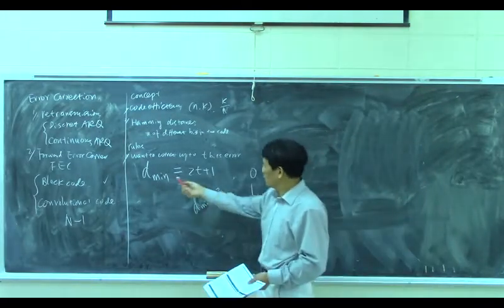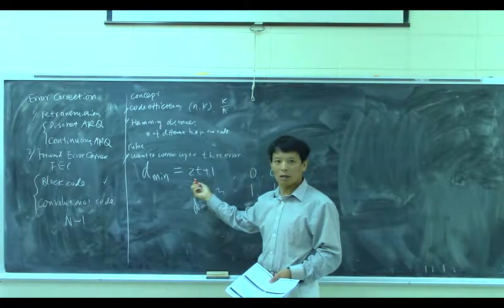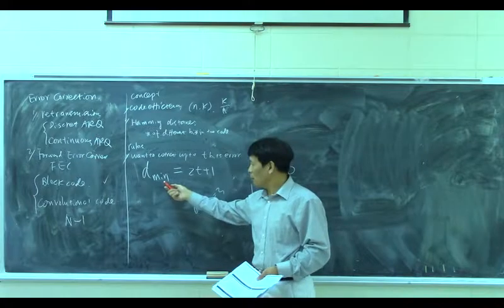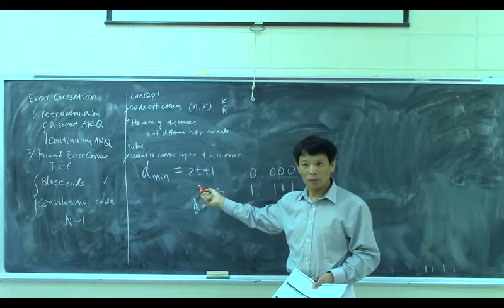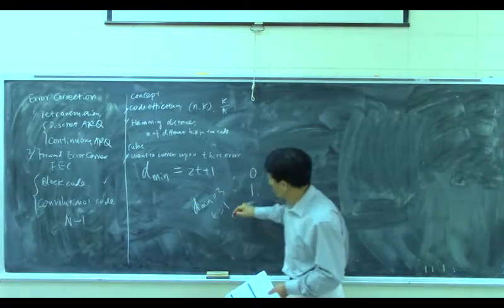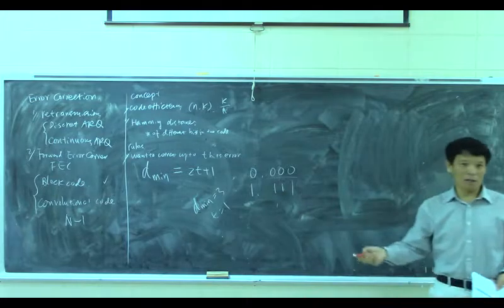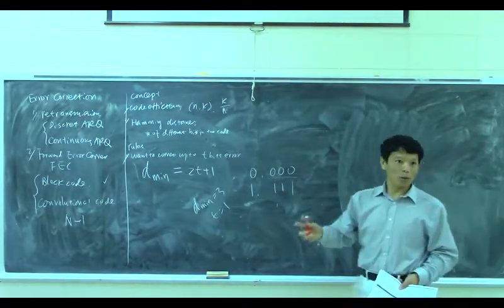Now we plug this into this equation. What is t? The minimum distance must equal 2t plus 1, so 2t plus 1 equals 3. T equals 1. So that means this code has the capability to automatically correct up to 1 bit of error.